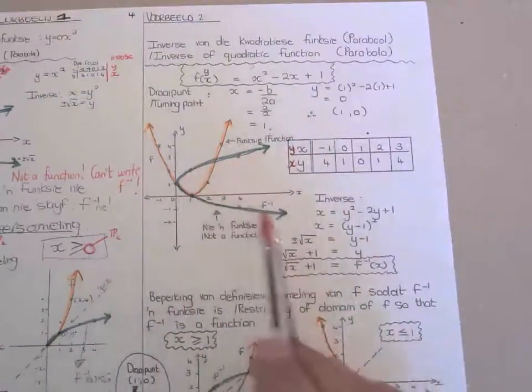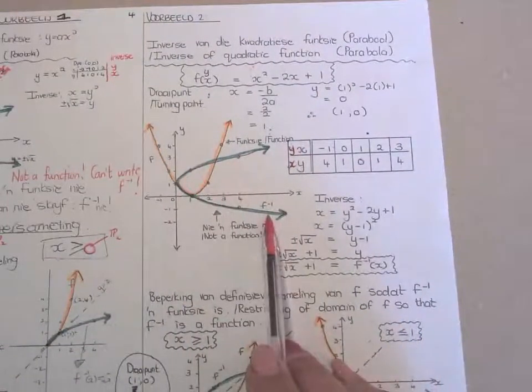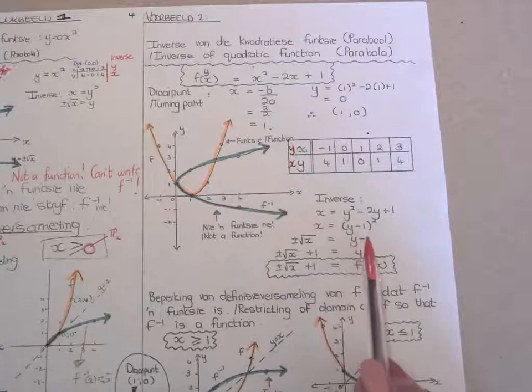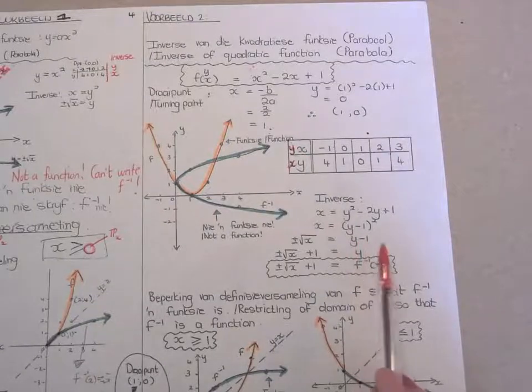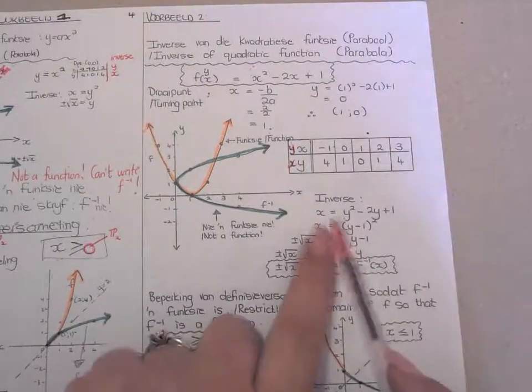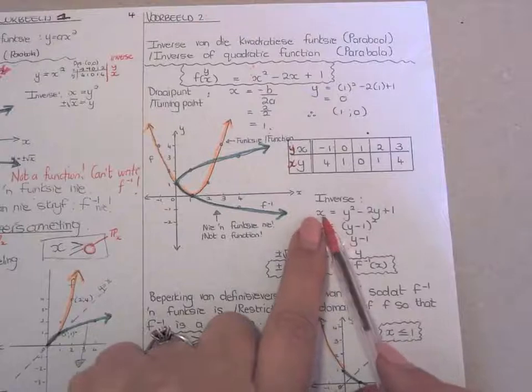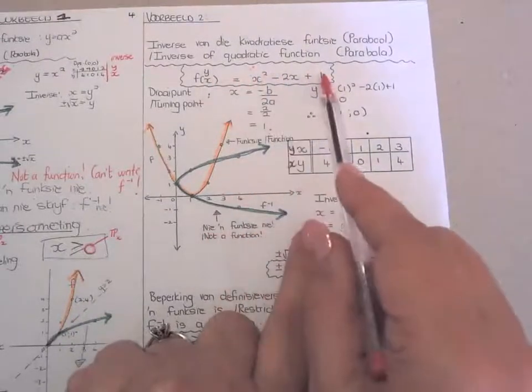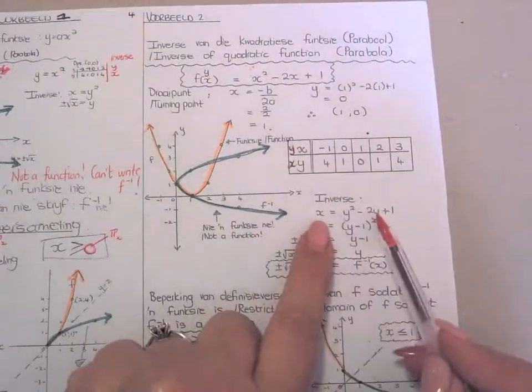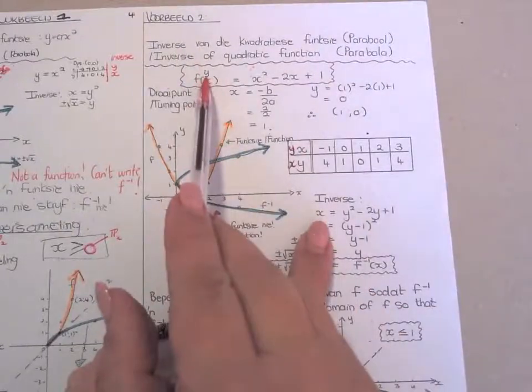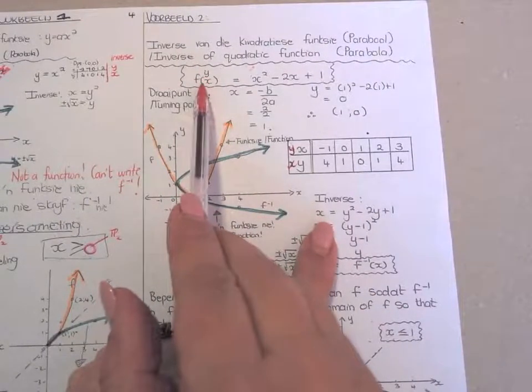But this is not a function. How do I get the inverse function name or the inverse formula? We use the normal parabola and then we swap the x and the y's. So here where there was a y, it becomes an x.